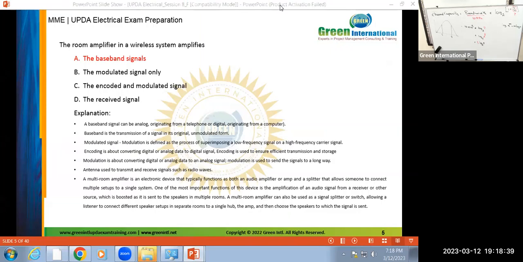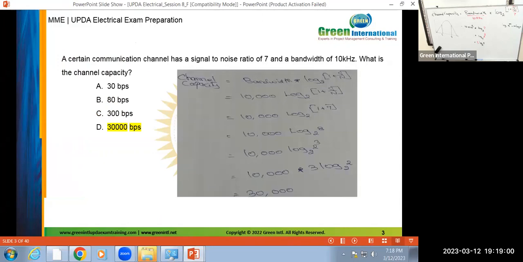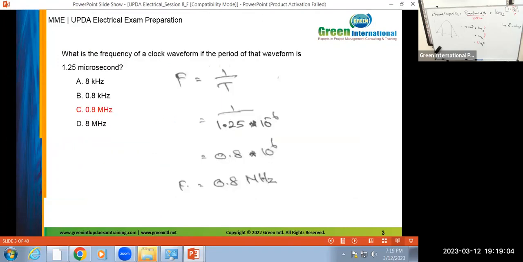Are you able to see straight? So here there is an explanation of that slide. Yes. Okay. Third slide. Okay. Fourth one.